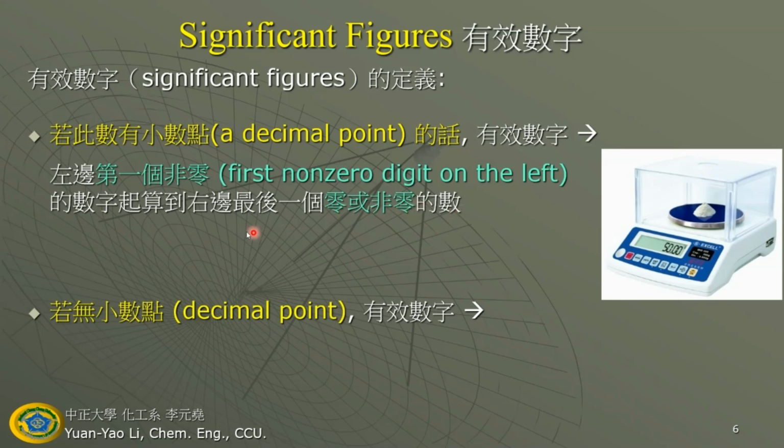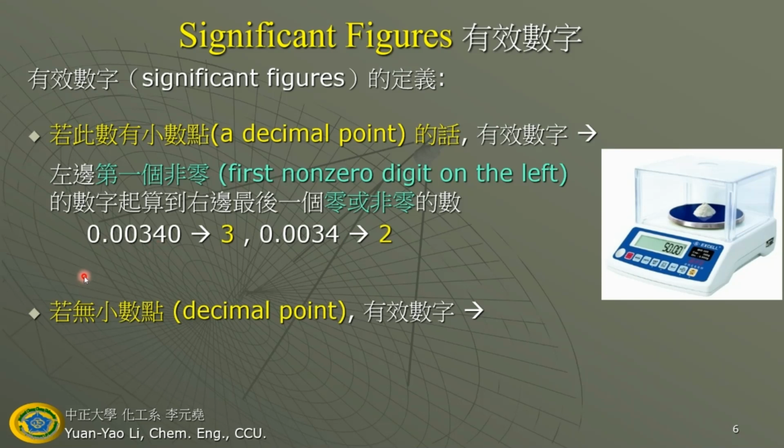I'm sorry I speak in English, but I'm sure you can read this in Chinese. There's no problem for you to understand. Let me give you an example. If I give you this number, I want to ask you what is the significant figure. Significant figure sometimes means precision.